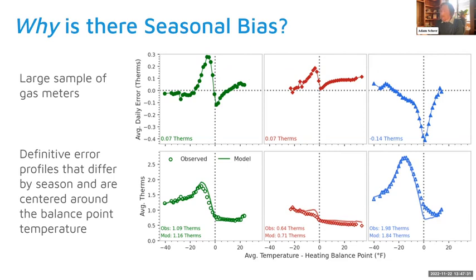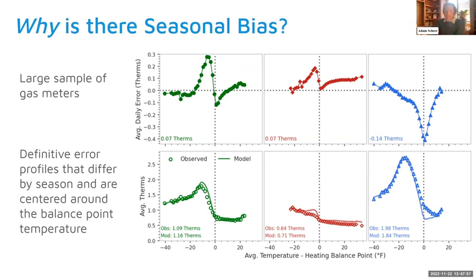As I continue into the heating region, further left in the graph, the model switches and starts to overpredict. The upper left-hand graph shows the actual error profile, the difference between the observed and the model, expanded across the y-axis so you can see it more readily.